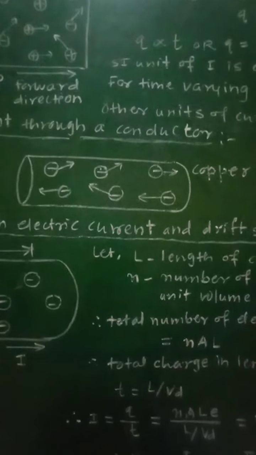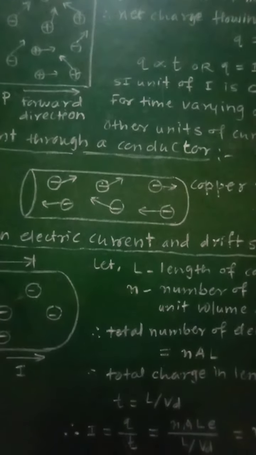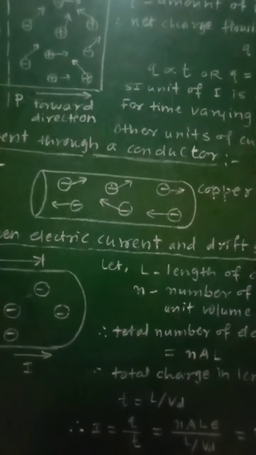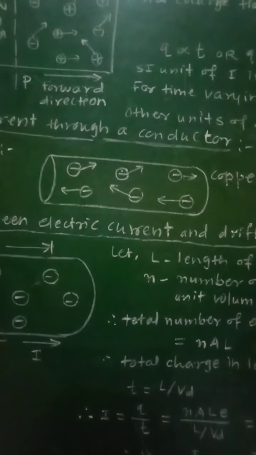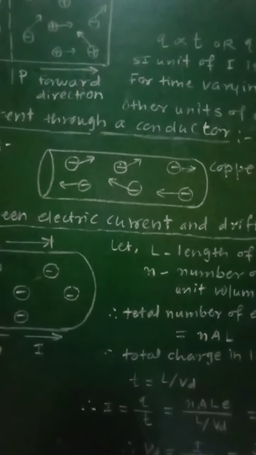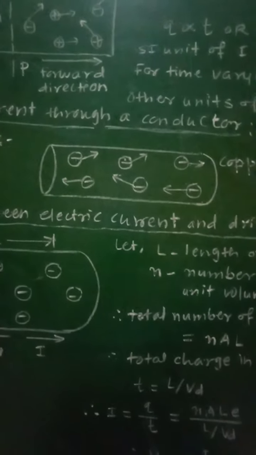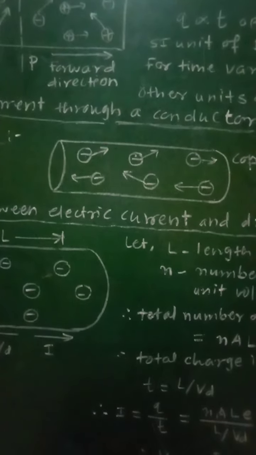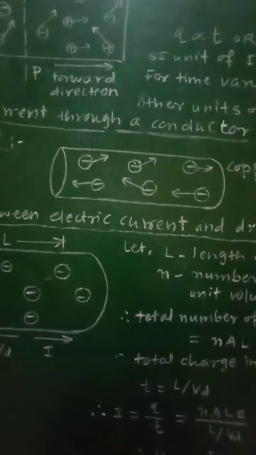Though the external electric field is not applied between the ends of that copper rod, still the electrons will be in random motion, and therefore no current flows through it, and there is no net motion of these electrons in any direction.